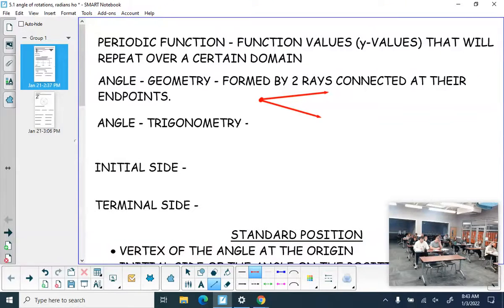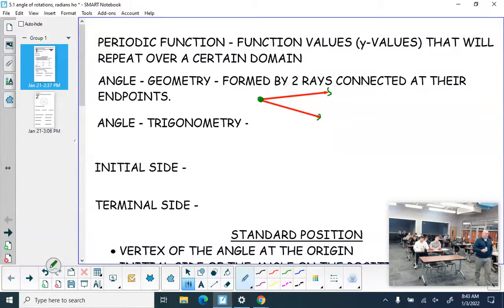You got Billy Ray, you got Earl Ray. Okay, we have an endpoint here. We continue on indefinitely with respect to the angles. These are two rays connected at their endpoints. And this is what you learned in geometry, and this is what you worked with in geometry. And you did all types of proofs, and you measured these angles.